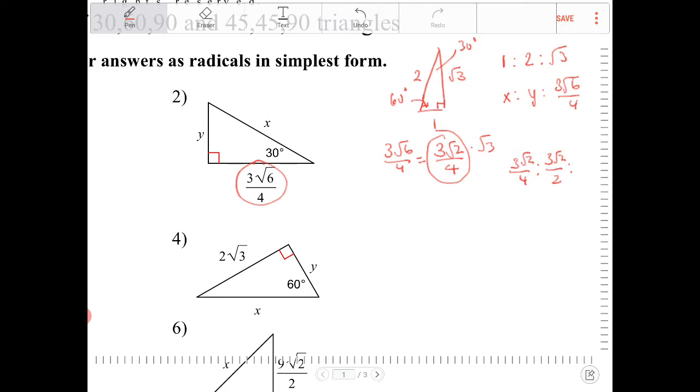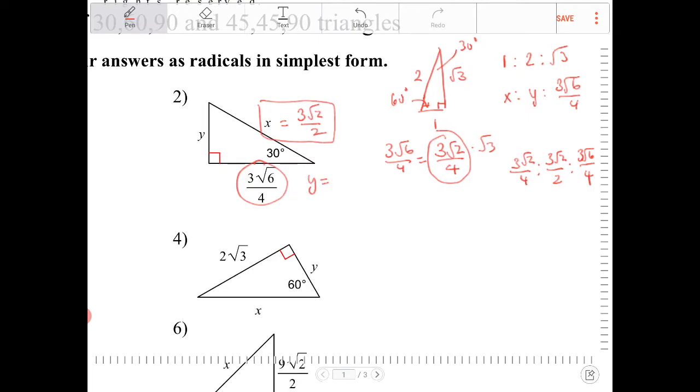The last side, which corresponds with radical 3, is 3 radical 6 over 4. So what is x, what is y? X is 3 radical 2 over 2, and y is 3 radical 2 over 4.